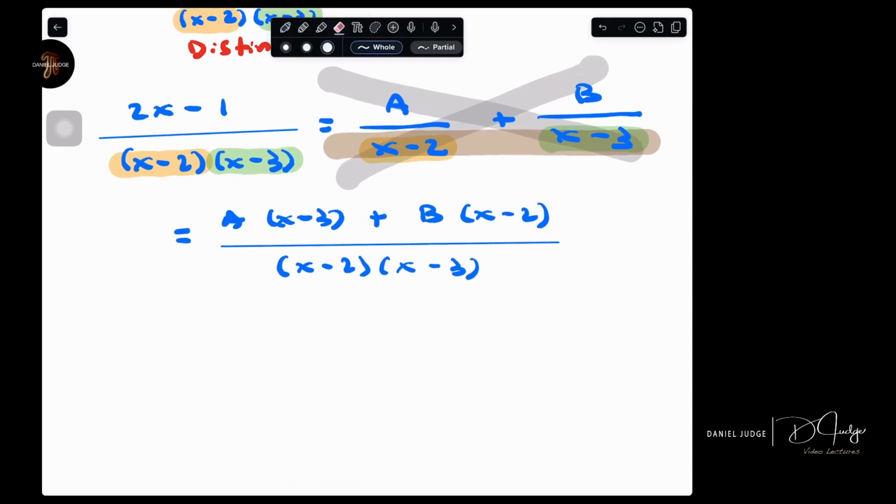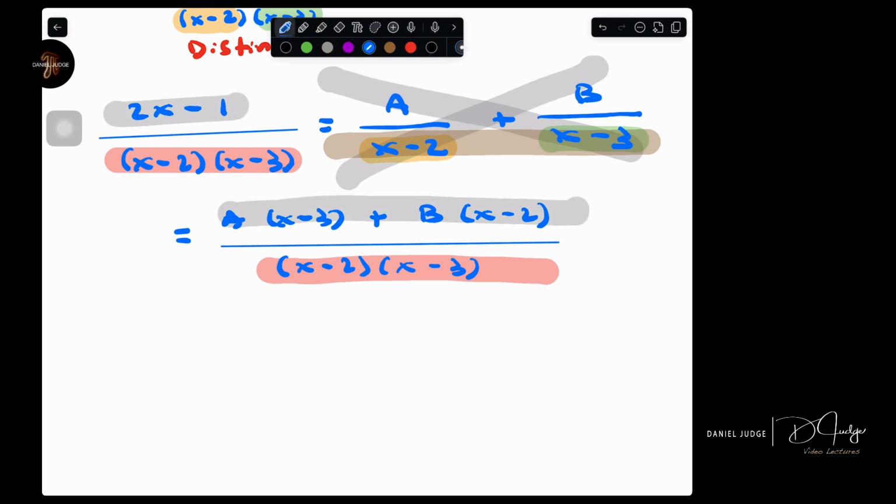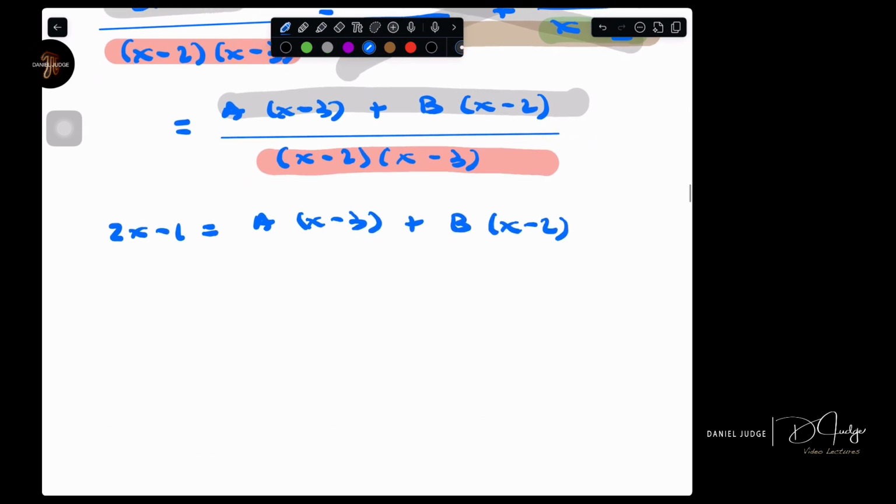So again, if we use the logic that we have a fraction equal to another fraction where they have the same denominator, the numerators are the same. So that means 2x minus 1 becomes a times x minus 3 plus b times x minus 2.